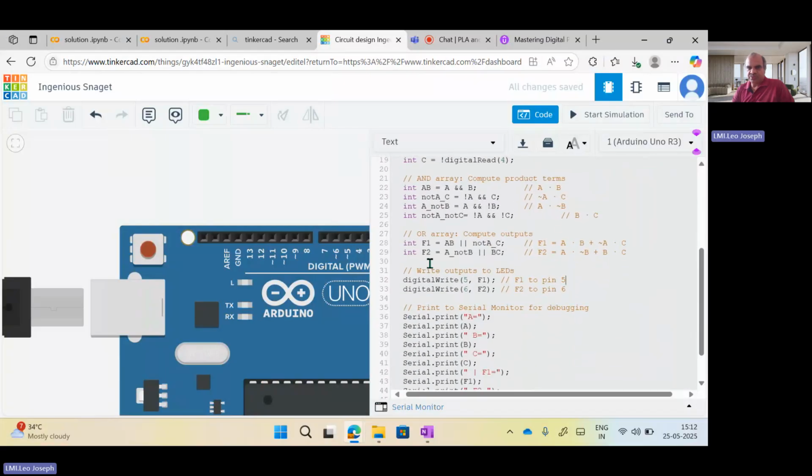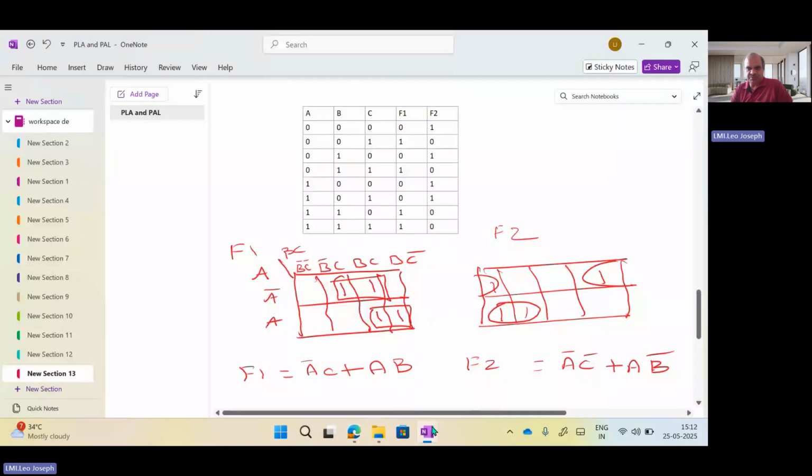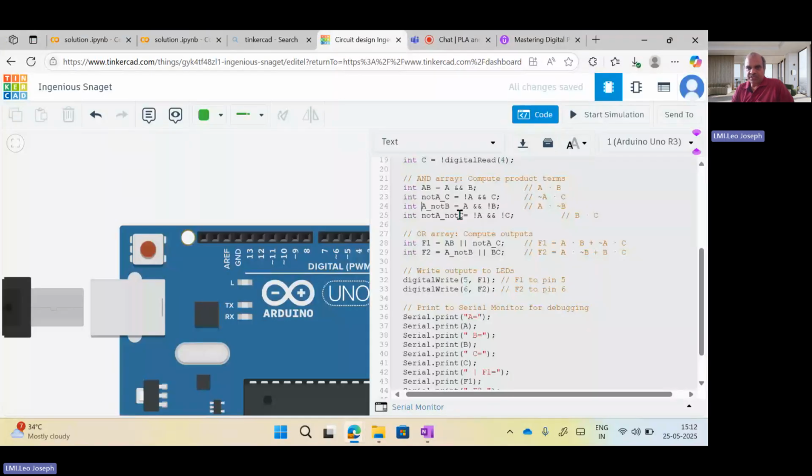F2 is equal to AB not AC, and this one is A not. So this is also A bar B bar, right? So I have to write not of A, and here not of A now. This is A B bar only now. A B bar plus A bar C bar. A little bit of confusion. So not of B is not a problem.